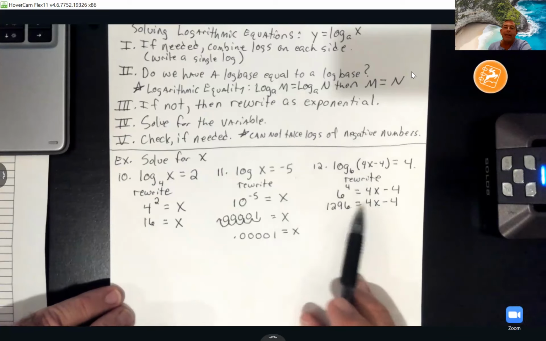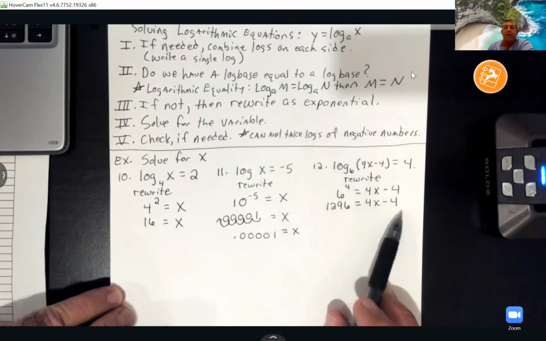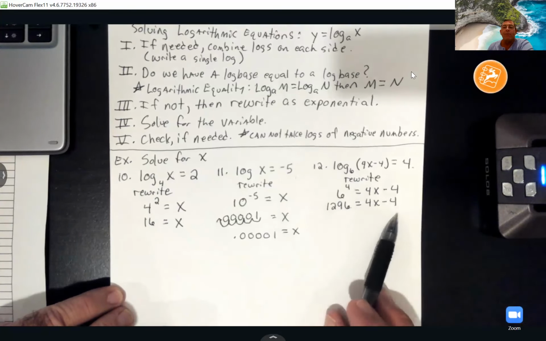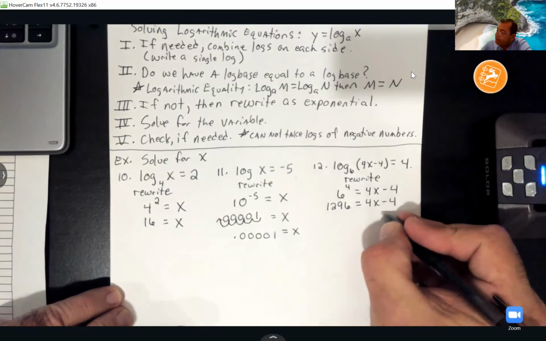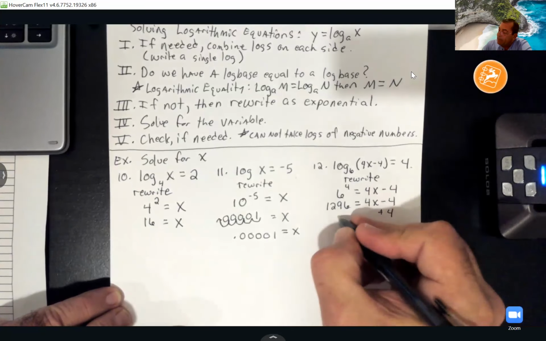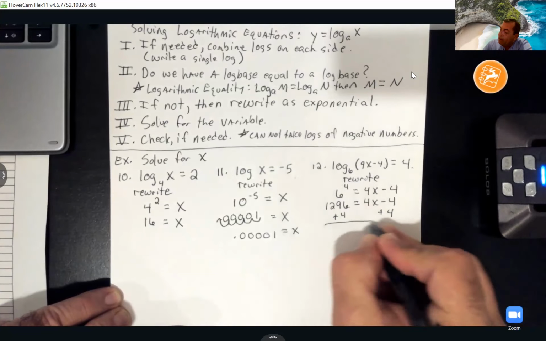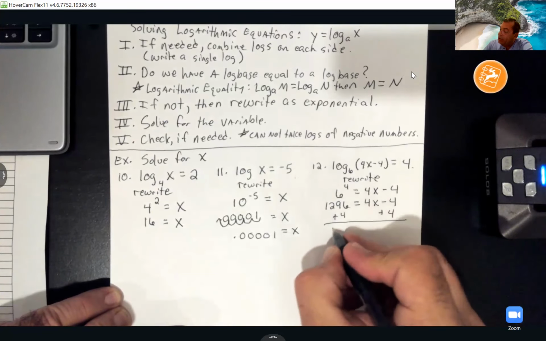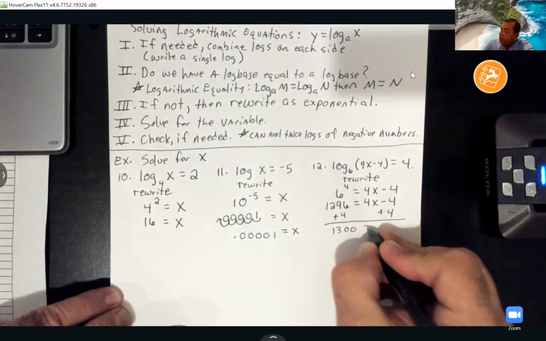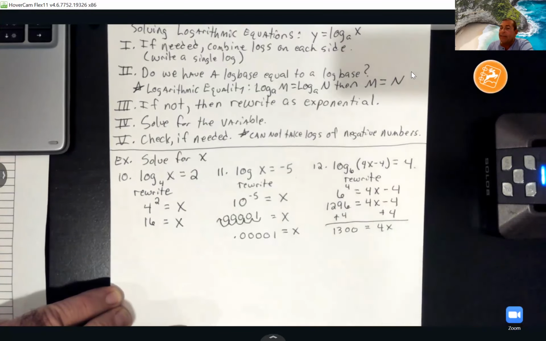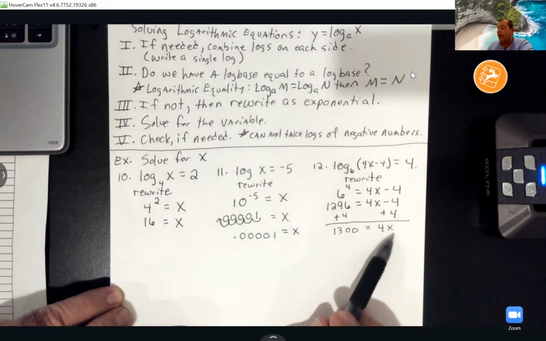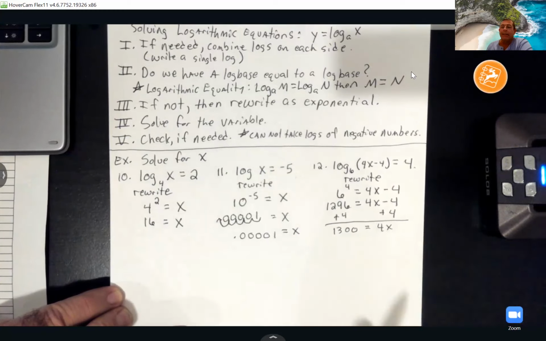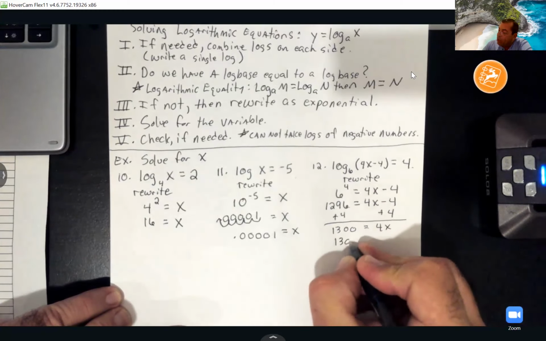So 2 more steps to have this one solved. First, we're going to add 4 to both sides. Look at that, 1300 will equal 4x. Now we're going to turn that into a 1x, so divide both sides by the 4.